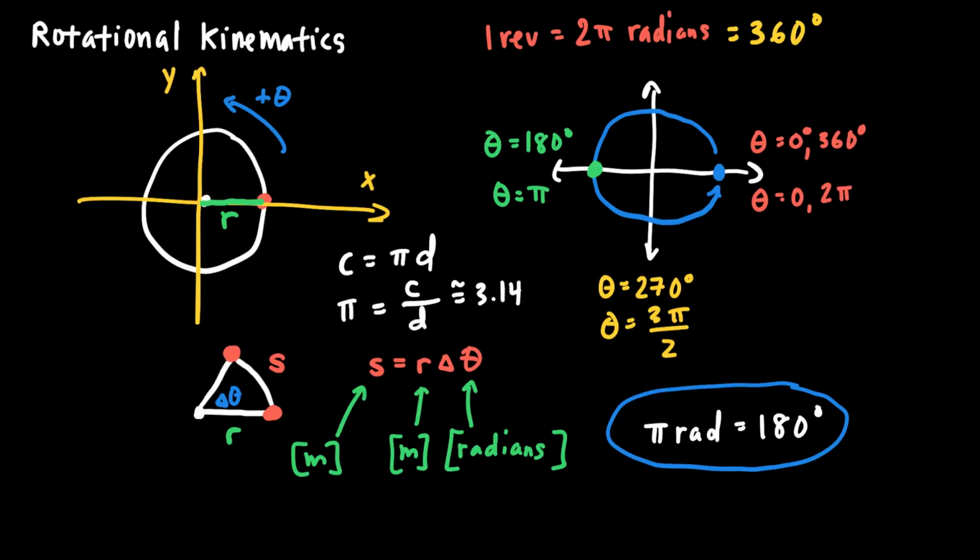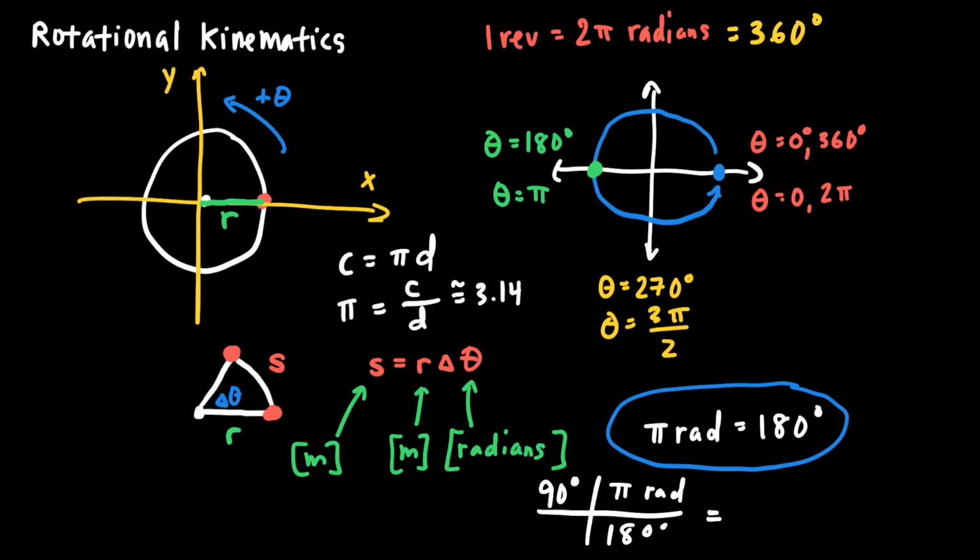And so, for example, maybe I need to convert from 90 degrees into its equivalent number of radians. 90 degrees then would need to be divided by 180 degrees and then multiplied by pi radians. I can use that conversion factor to convert from 90 degrees.